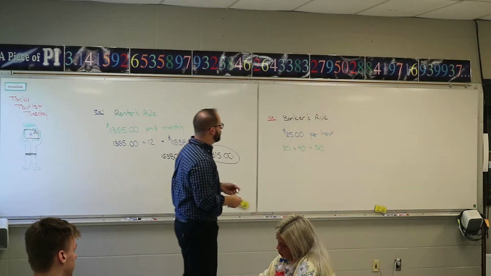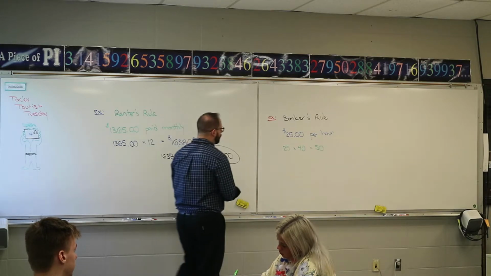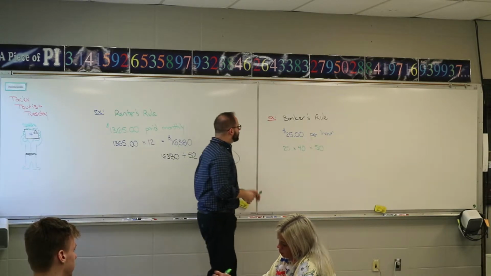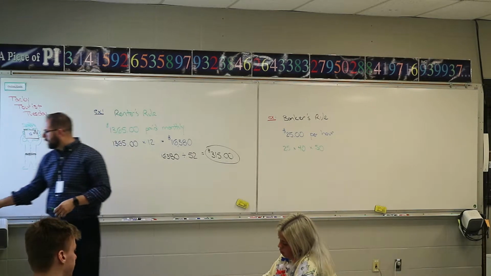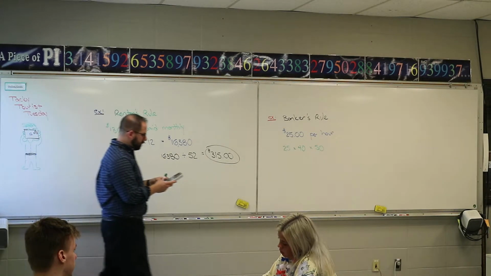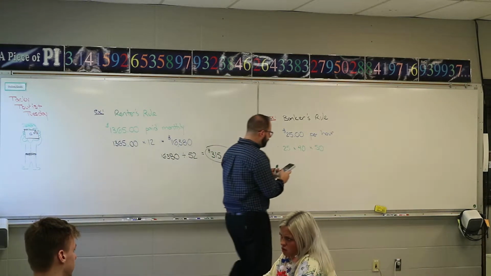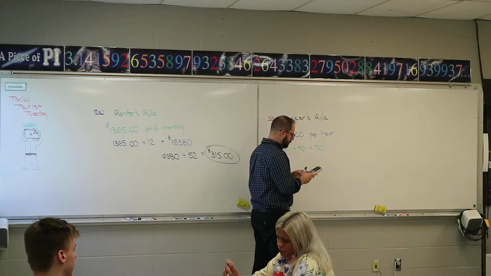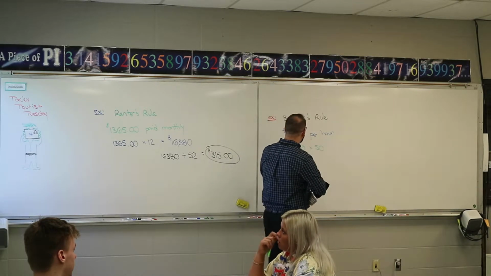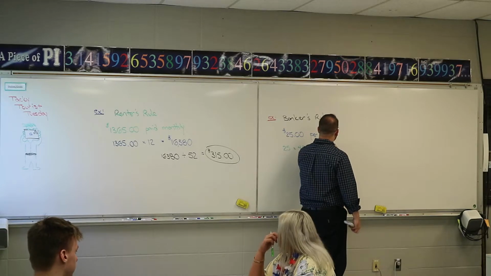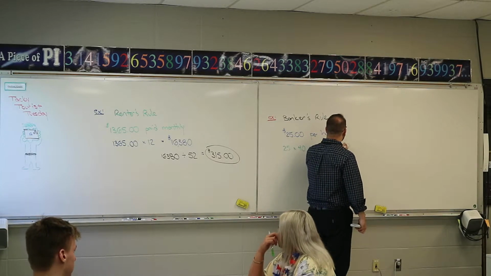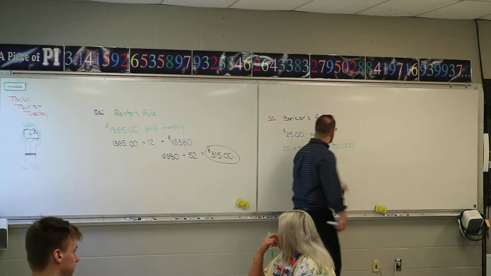That's what the book always typically does. That's what they give you, what you make per year. So 50 times 40 times the 25. I'm getting paid $50,000 a year. That's roughly what I'm making.